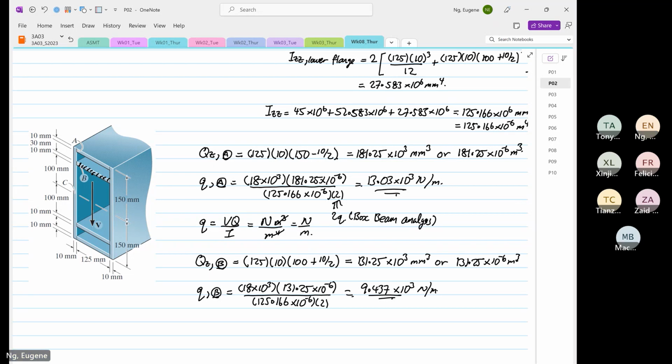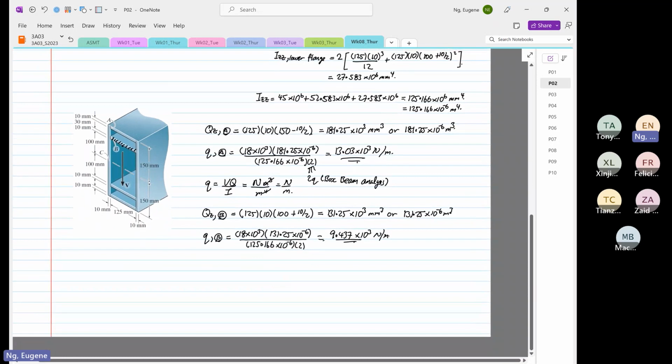Right. Now the next one I'm going to do, we have to be really careful. Okay, the next one. Now I will not find the first moment of area or second moment of area. I realize that that's a bit of a waste of time. I think now all of you could find the second moment of area.